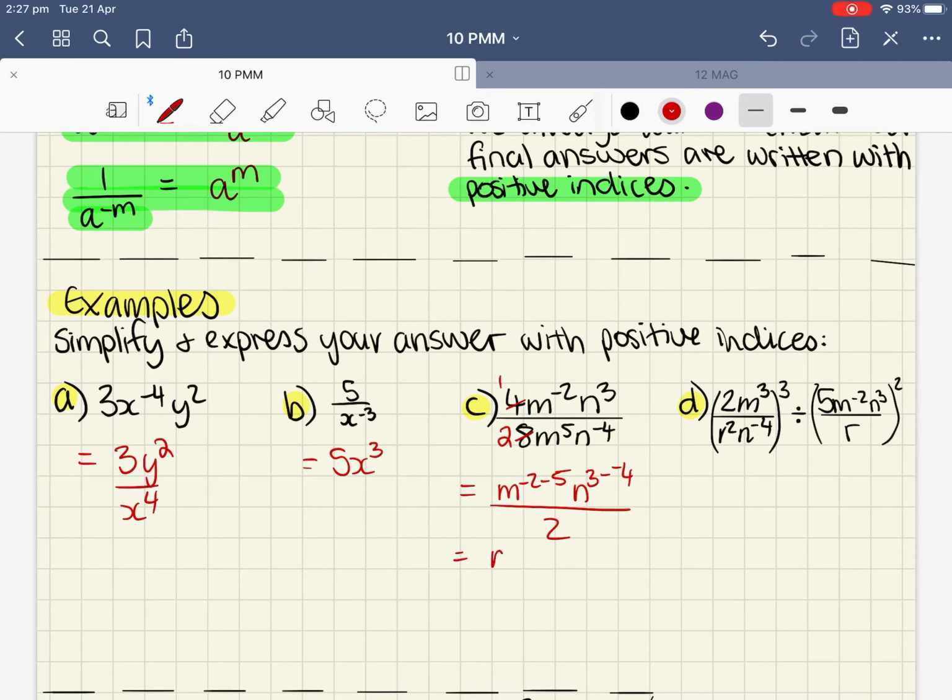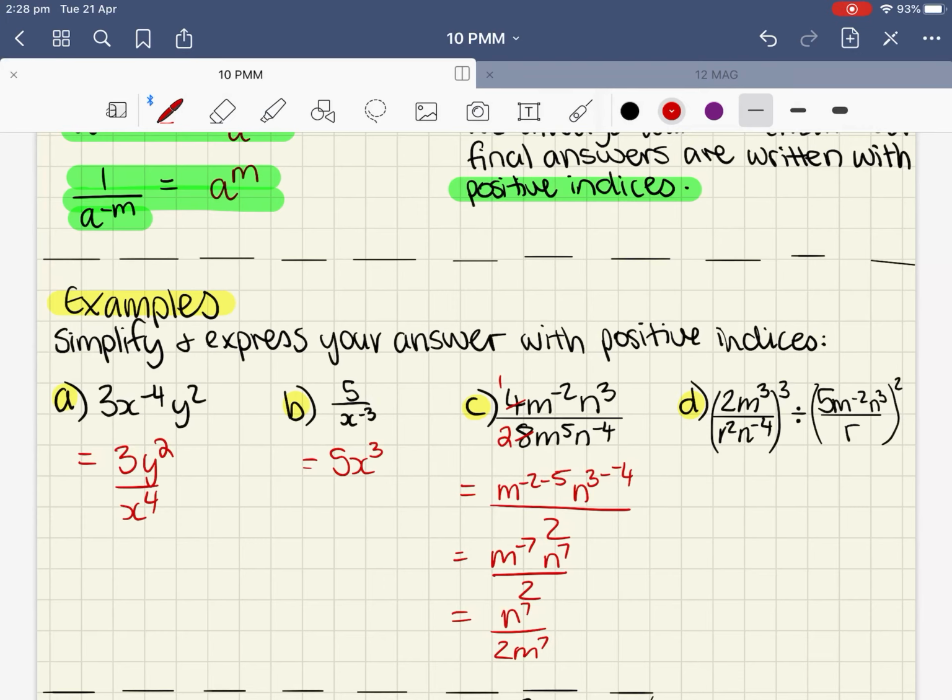All right, if I simplify that, I end up with m to the negative 7, n to the positive 7, because 3 minus negative 4 is the same as adding them together, all over 2, and then I can simplify this by writing n to the 7 over 2 m to the 7.